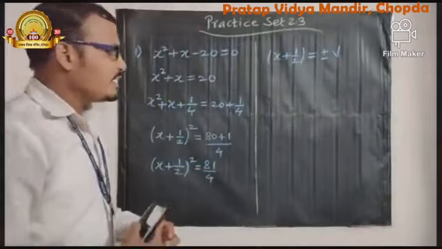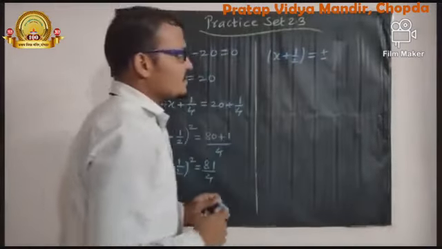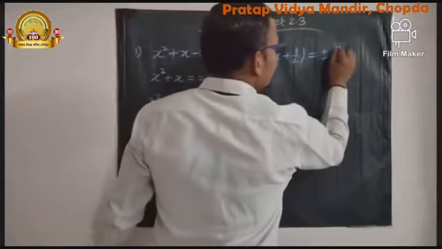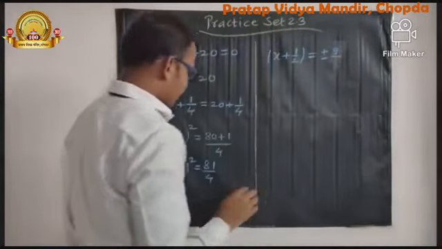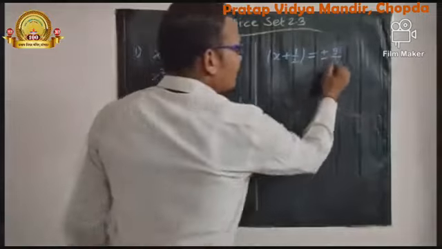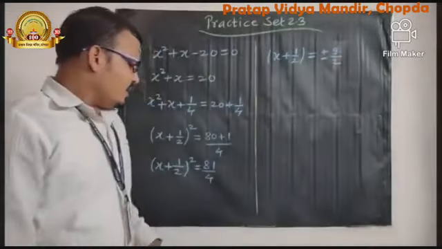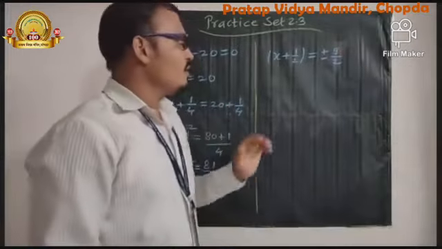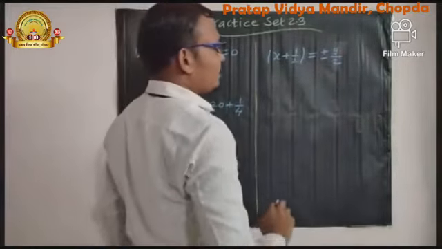Since here 81 is a perfect square, 81 is the square of 9, and 4 is the perfect square of 2, so 81/4 is the square of 9/2. So we get here plus or minus 9/2.